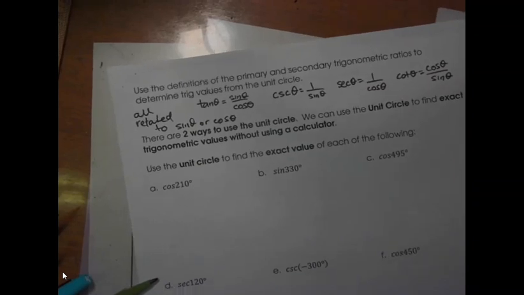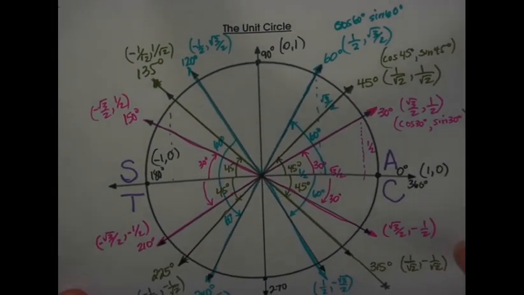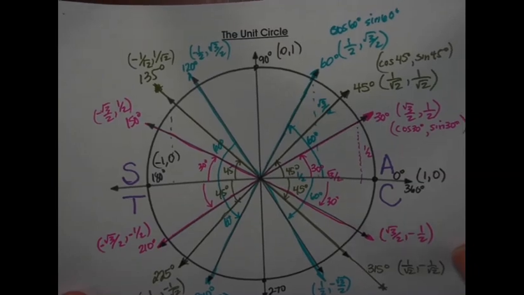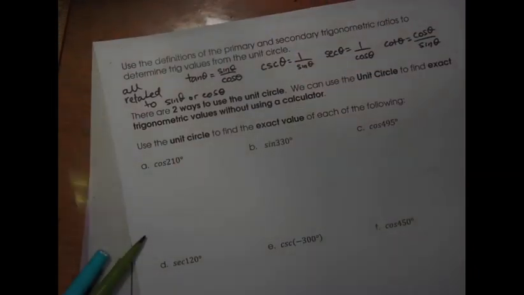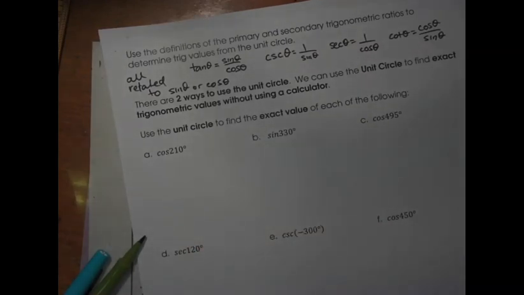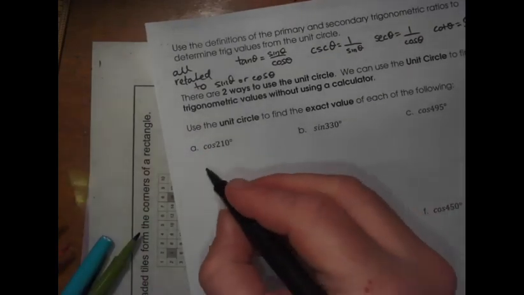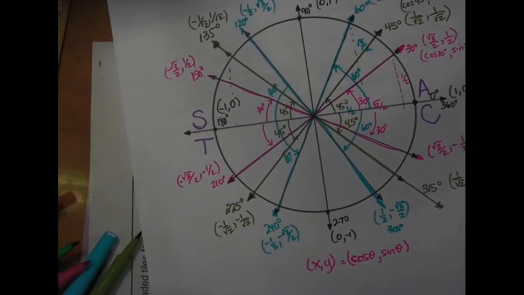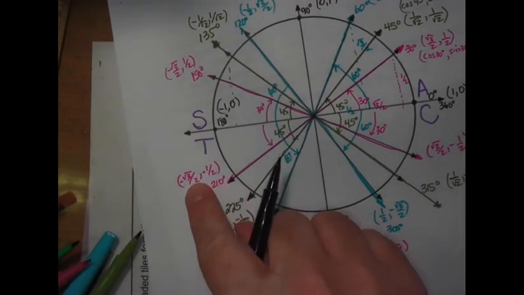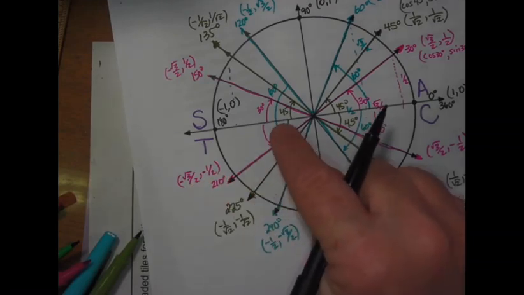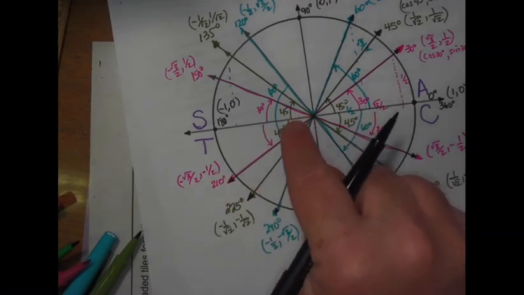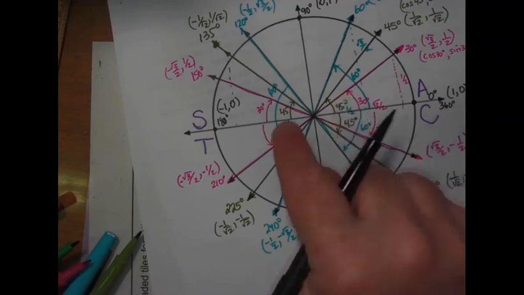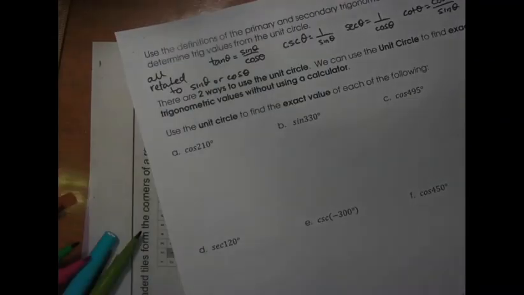Okay, so what does this look like? What I would do is have this sheet out ready to go as we go through these things. All right, so cos of 210, a couple ways of thinking about this. All right, if I was looking at cos of 210, I know it's going to be negative because it's in quadrant 3. All right, and my related angle is 30 degrees.